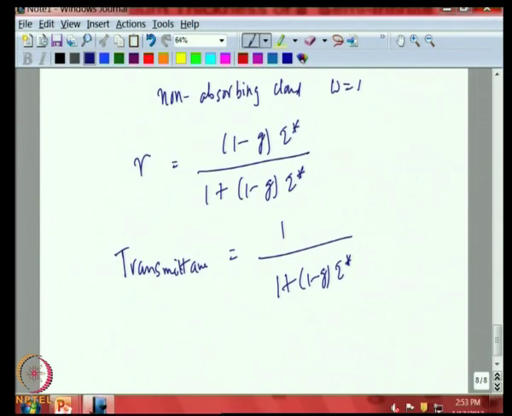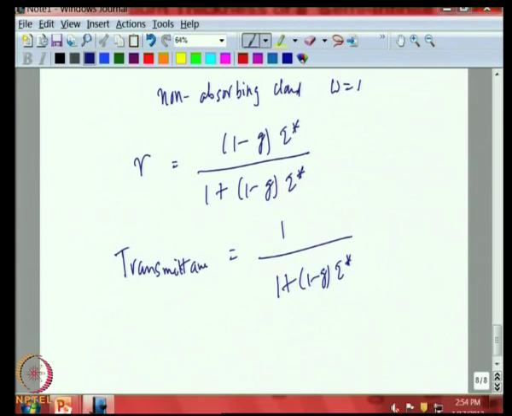So once more you see a fairly strong impact in the non-absorbing cloud of the asymmetry parameter. It has a huge role to play. If G is 0, you get a simple result, and as G tends to 1, you see that the phenomenon is somewhat more complicated.